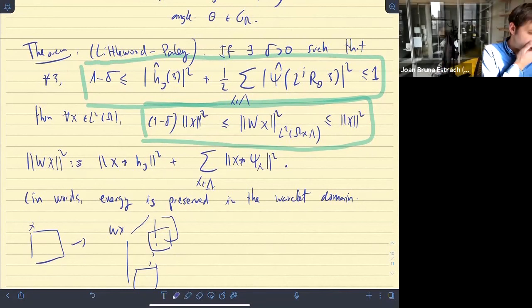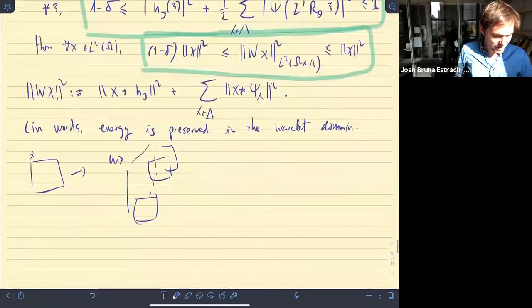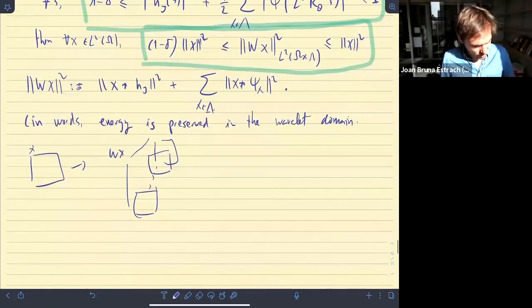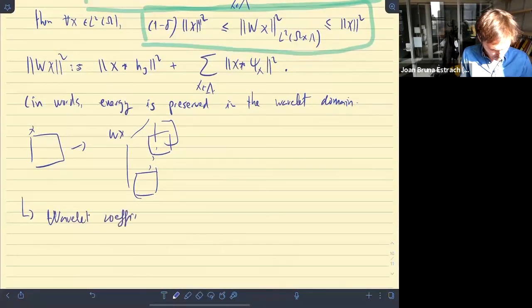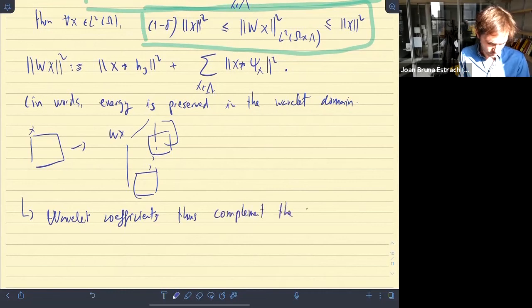And so in that sense, you can also see that wavelet coefficients thus complement the average, right?